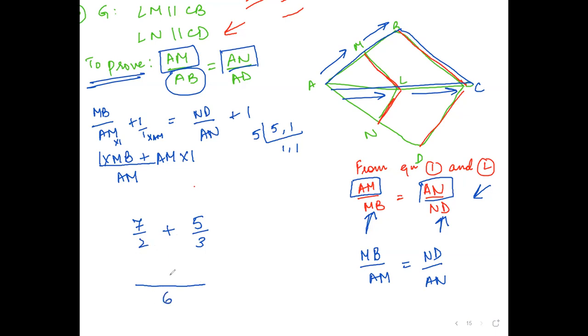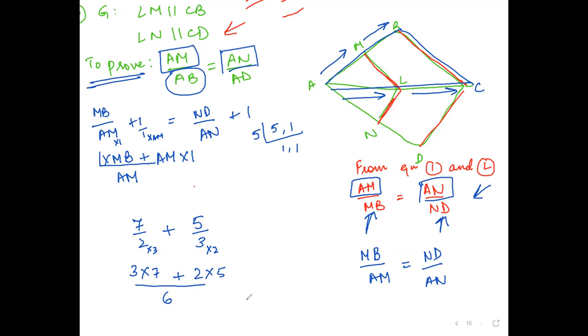Now, how will I write it? In 2, that means 3 times it is going, right? So 3 into 7, that's how I write my numerator. Now in 3, how many times is it going? 2 times, since 3 into 2 is 6. So 2 into 5. So it's not always opposite.